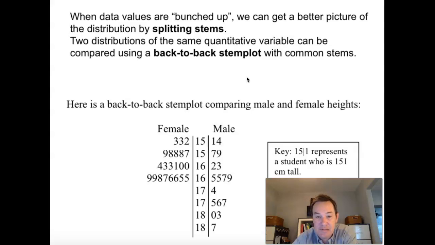And the males tend to be centered around, I would say, 165 centimeters, somewhere in here, whereas the female distribution tends to be centered closer to somewhere in this area, the 160 to 157 area.